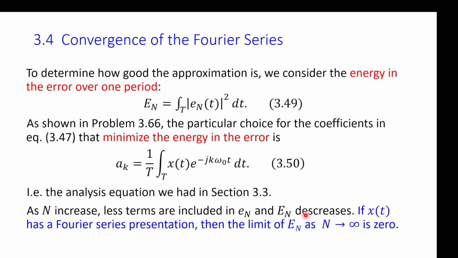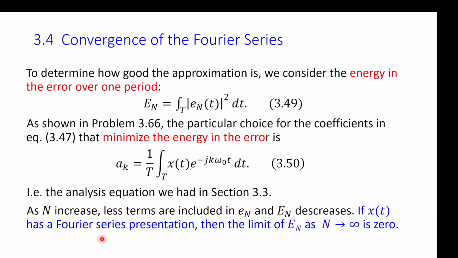And we basically take this as a definition, saying that x of t has a Fourier series representation if and only if E N goes to 0 as N goes to infinity. So this is what we mean by convergence of the Fourier series representation: our E N goes to 0 as N goes to infinity.